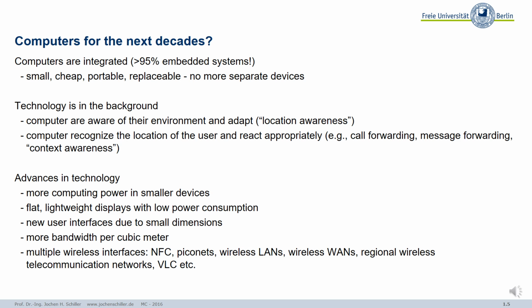Interesting. We have a lot of advances in more bandwidth per cubic meter. What does it mean? Well, this is the space we have to use for wireless communication. Okay, and all the wireless devices have to use this space. There is no parallel space like we have in wires. So if this wire is not sufficient, we use an extra wire. We cannot use an extra space.